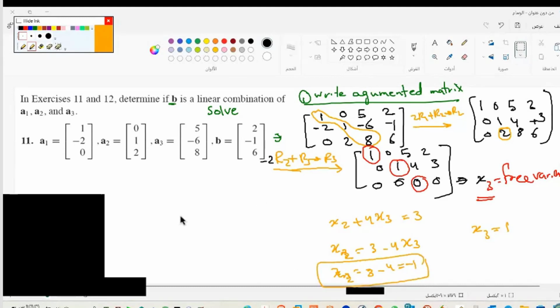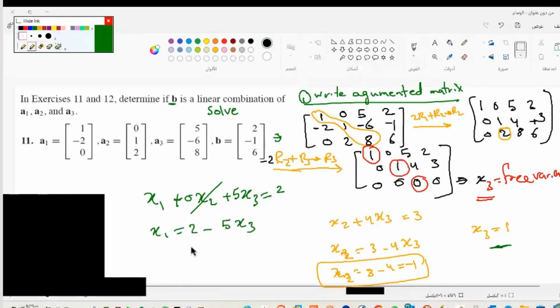It's 2, sorry. Now find x1 here. x1 plus 0 x2 plus 5 x3 equal 2, so x1 equal 2 minus 5 x3. Here, for example, x3 is 1. So x1 is 2 minus 5, it is minus 3.